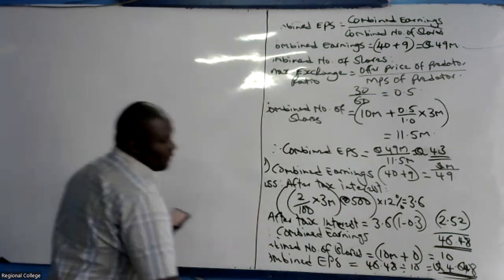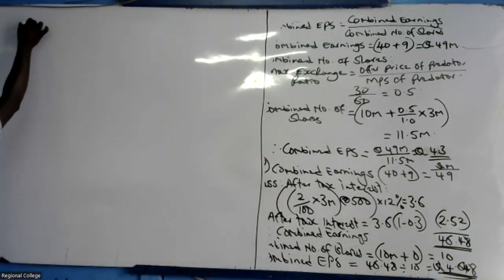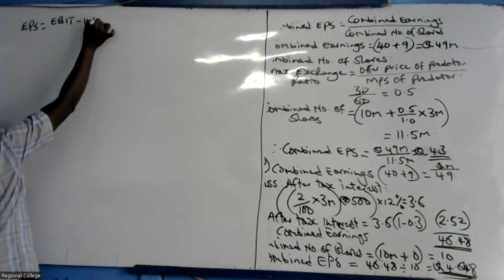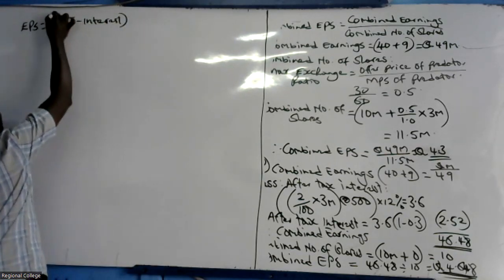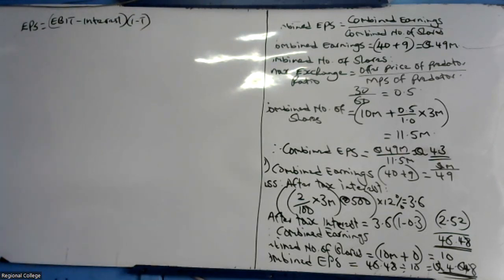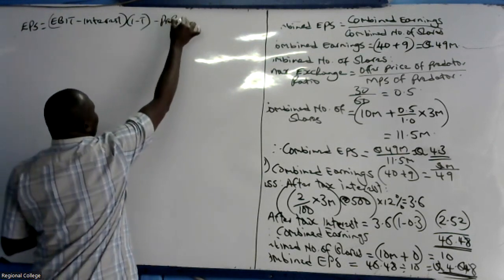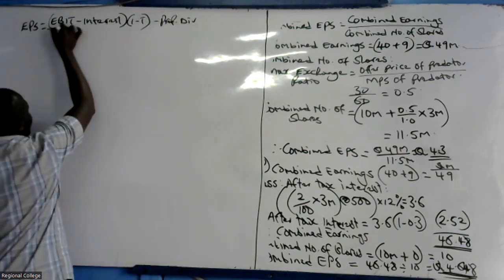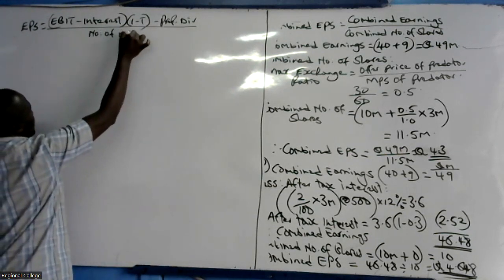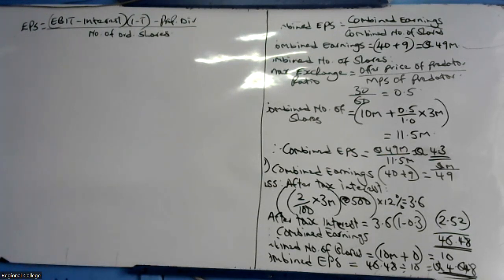And you remember the formula of EPS? EPS equals EBIT minus interest, adjusted for tax, minus preference dividends, and everything we divide by the number of ordinary shares. So the EBIT is what we are looking for.